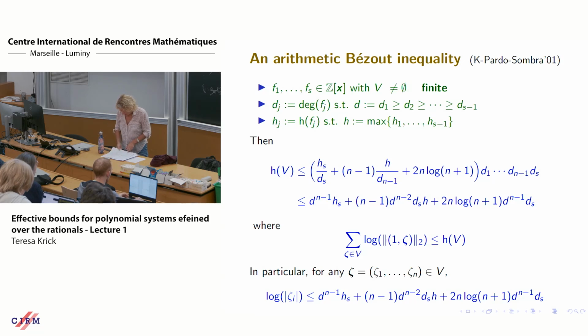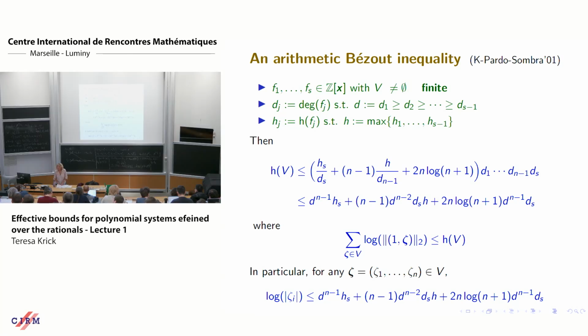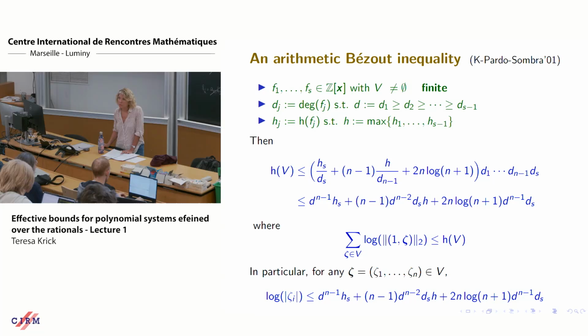Yes, and what I would like to say again. Maybe one more question. In the case where the zeta have rational coordinates, I would expect the arithmetic Bézout inequality to give me bounds on both numerator and denominator. But if I have only a bound on the absolute value of the rational number, I don't have this separate bound on the numerator and denominator.